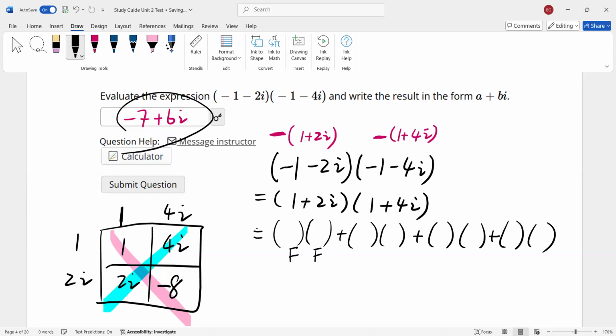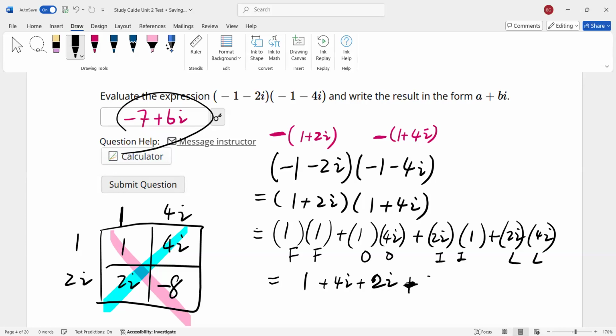FOIL: first times first, plus outside times outside, plus inside times inside, plus last times last, right? The first terms are 1 and 1, outside is 1 and 4i, inside is 2i and 1, last is 2i and 4i. 1 times 1 is 1, 1 times 4i is 4i, 1 times 2i is 2i, 2i times 4i is 8i squared. i times i is negative 1, right?